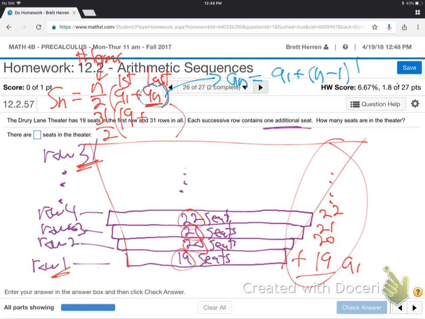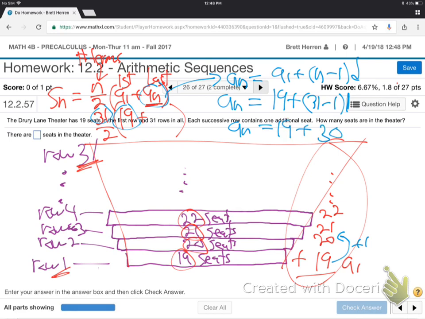So it's A1, which is 19, plus n, which is 31, minus 1 times d. What's the difference from term to term? It's going up by 1 every time. Times 1. It's 19 plus 30, isn't it? 49. There it is.